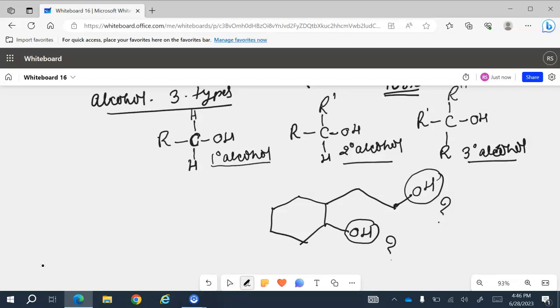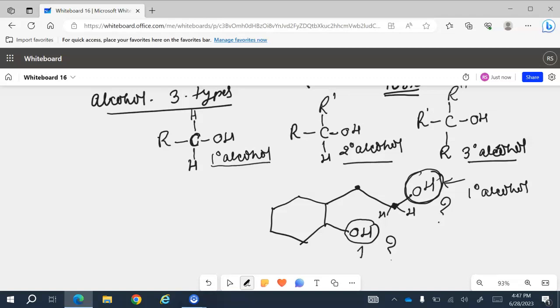Look at the carbon to which the OH group is attached. It is connected with only one carbon-containing group, and there are two hydrogens. That means this alcohol is 1 degree or primary alcohol.